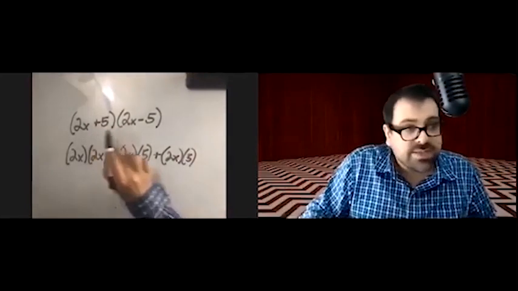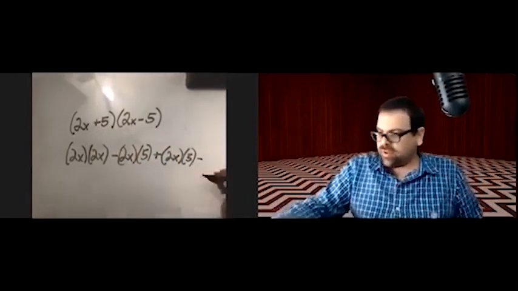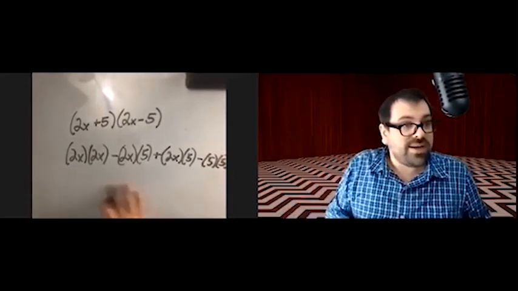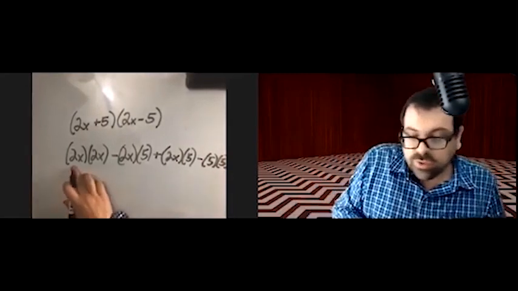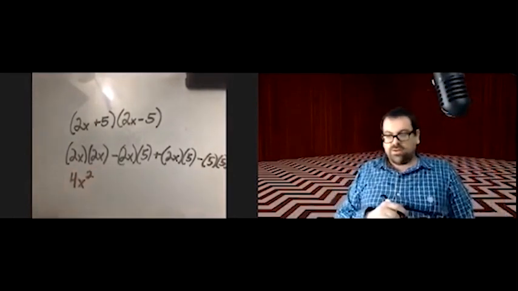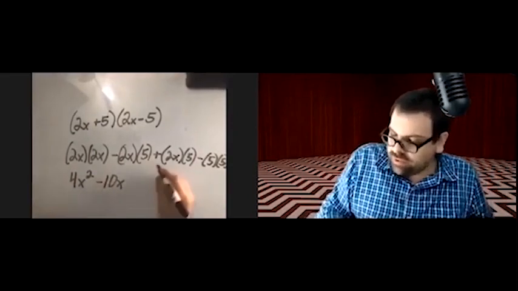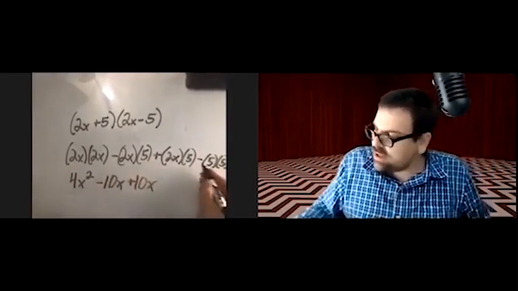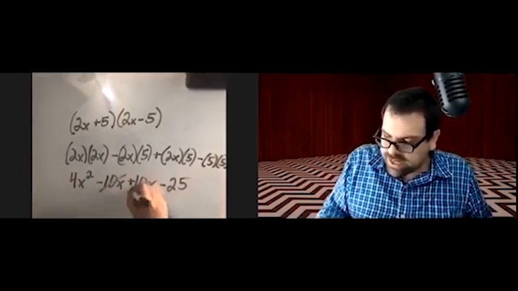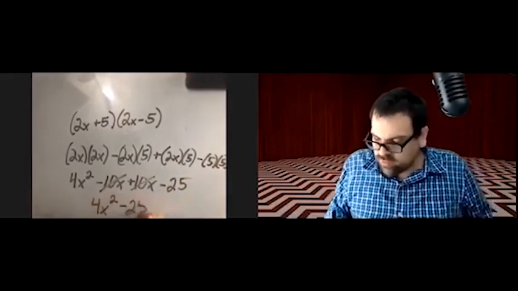And then last, positive times negative is negative 5 times 5. Now notice I haven't done any of the work here. 2x times 2x is 4x squared, minus 10x plus 10x minus 25. Minus 10x plus 10x cancel, and we get 4x squared minus 25.